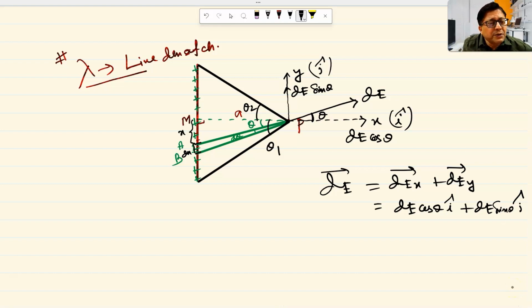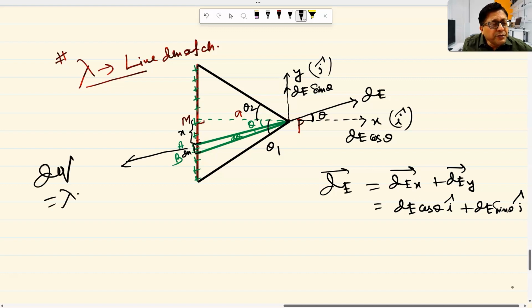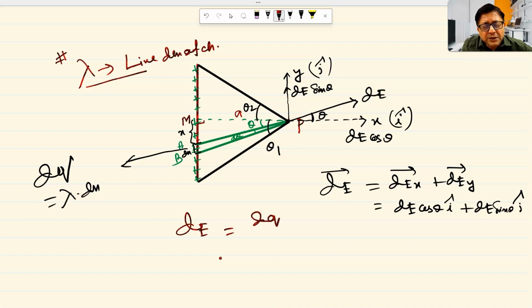Understand? Now what is dE? Same as before. dq, the charge on this elemental portion, is equal to lambda into dx. So the electric field at P, just the magnitude due to the elemental portion, is dq by 4 pi epsilon 0 r square.